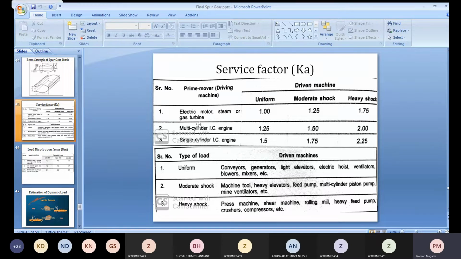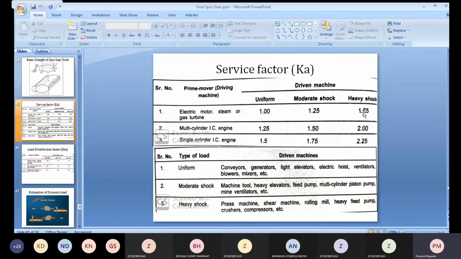Suppose I take the example of electric motor working for moderate shock or medium shock. In that case, I will have to select 1.25 as the value for Ka. If they have mentioned electric motor is working for heavy shock, I will have to take 1.75.